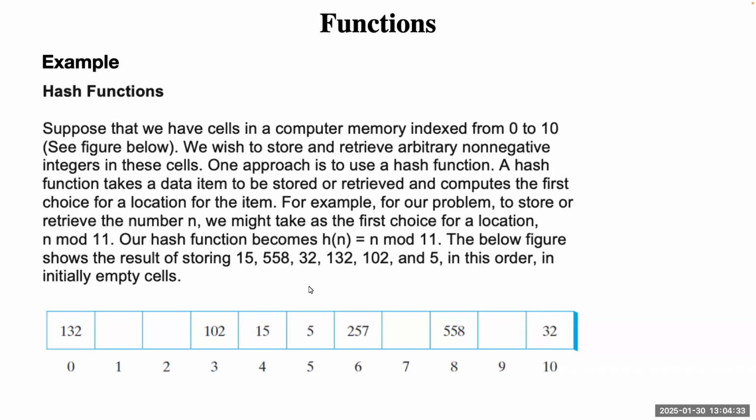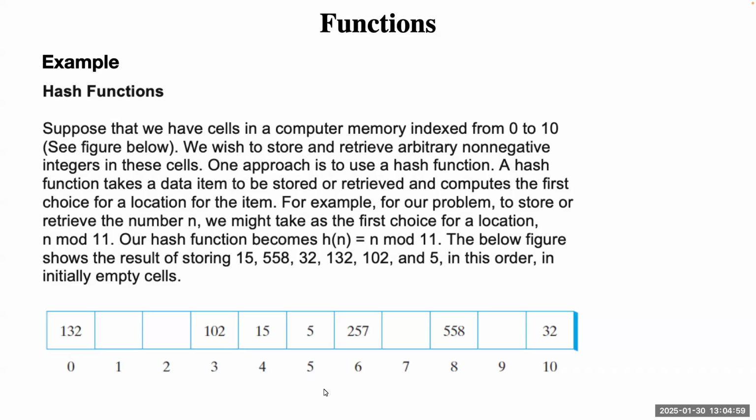Now, if I go back to search later on and say, find me the index where 132 is stored, you just compute h(132), 132 mod 11. You're going to end up getting the number 0 because 11 divides evenly into 132. So 132 is stored at index 0, or at least that's your first look.